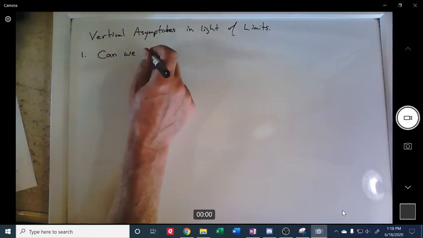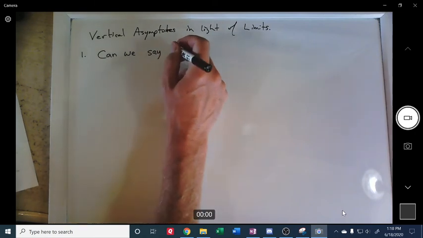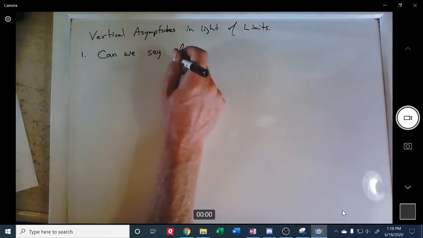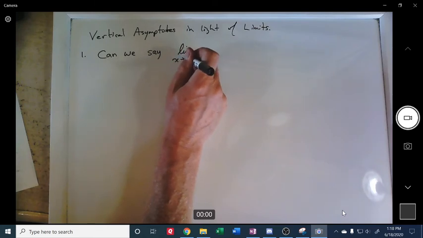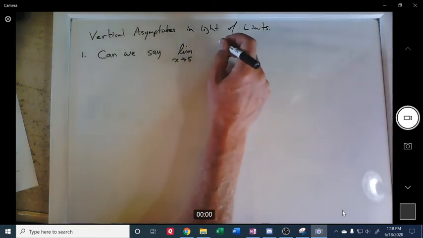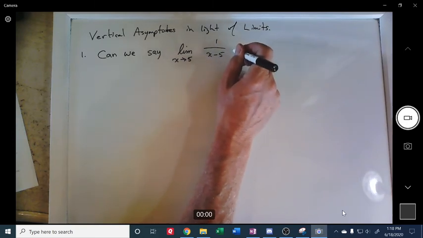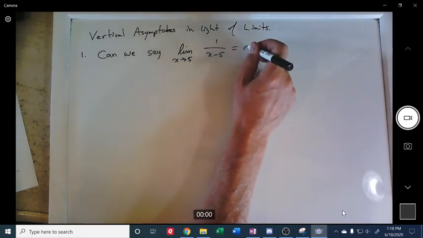Can we say the limit as x approaches 5 of 1 over x minus 5 equals infinity?